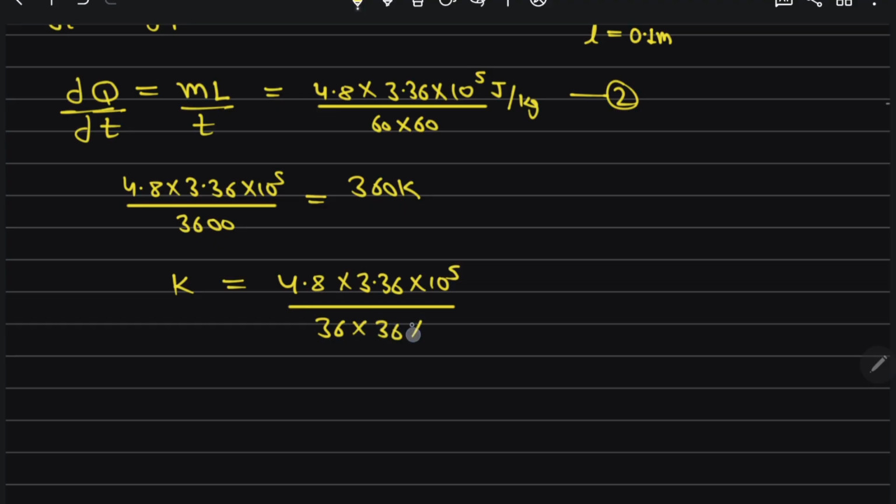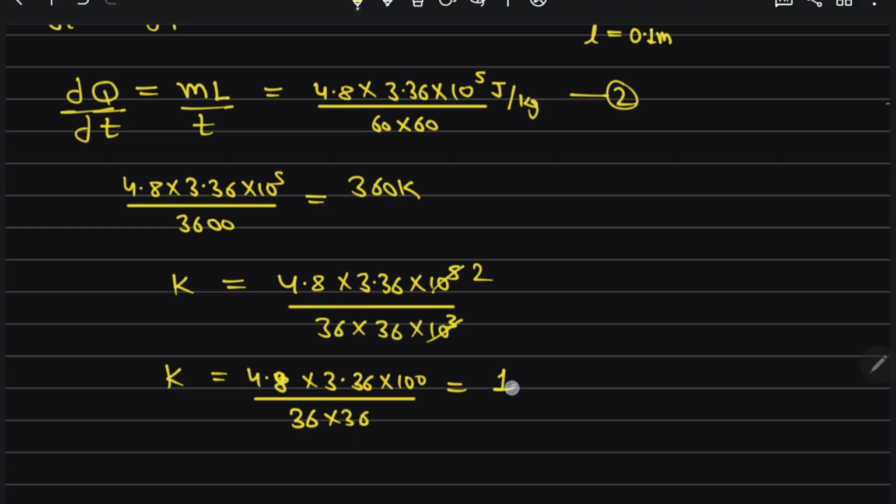Cancelling, this becomes 4.8 into 3.36 into 100 divided by 36 into 36.